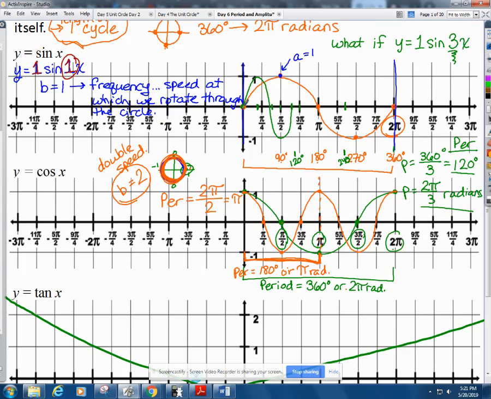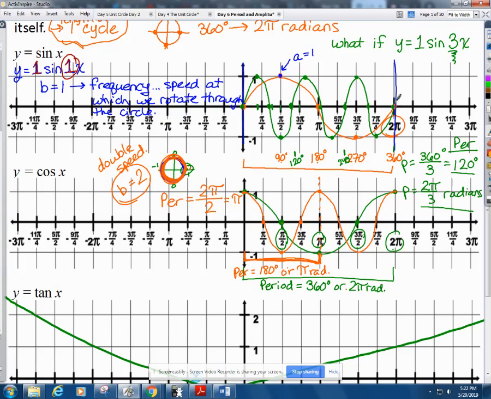So just so you know what I'm doing, 0, 1, 0, -1, 0. Then I go 1, 0, -1, back to 0. And then again, to get to 2 pi. So 0, about halfway. So 1, 0, -1, back to 0.